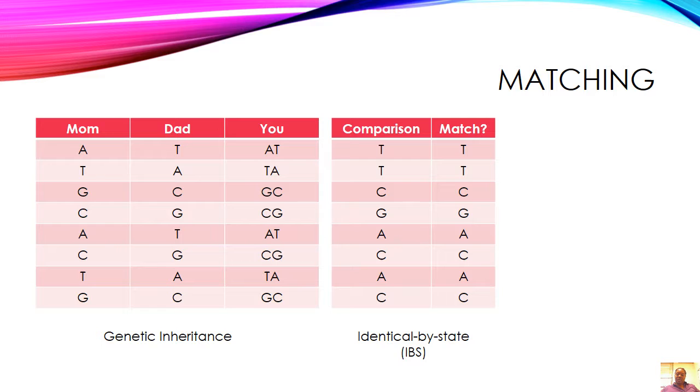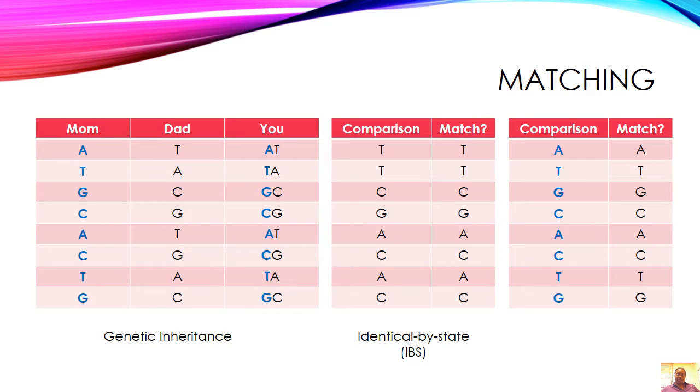Okay, so let's compare this to this next example here. Here, your segment recorded as ATG is matched or compared to this unknown person in this column ATG. And then when we look at what was inherited from the parents, we see that it matches at least one parent, the mom, here in this column ATG, and so on.